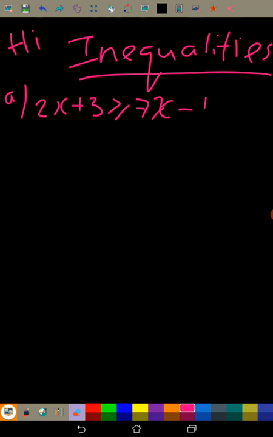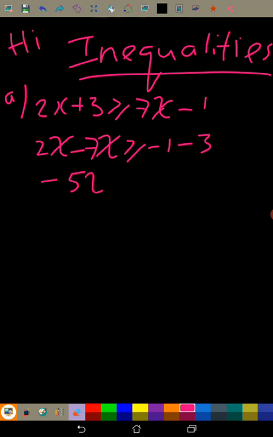So I'm going to put all the x's on the right. So 2x minus 7x is greater or equal to minus 1 minus 3, which gives us here minus 5x is greater than minus 4. And so here is the tricky part.